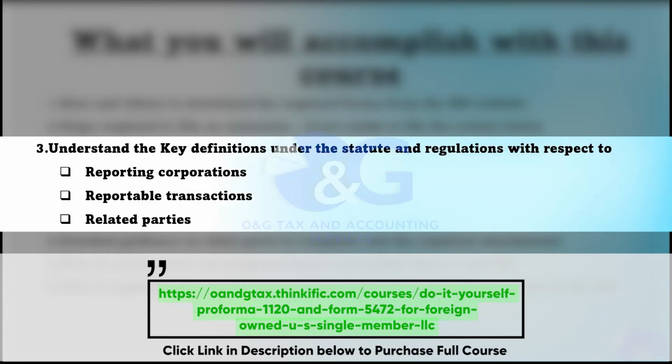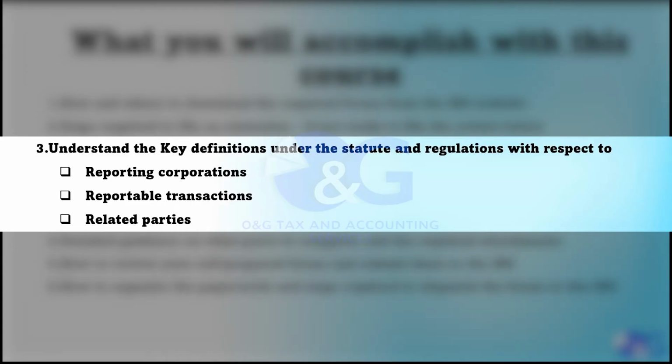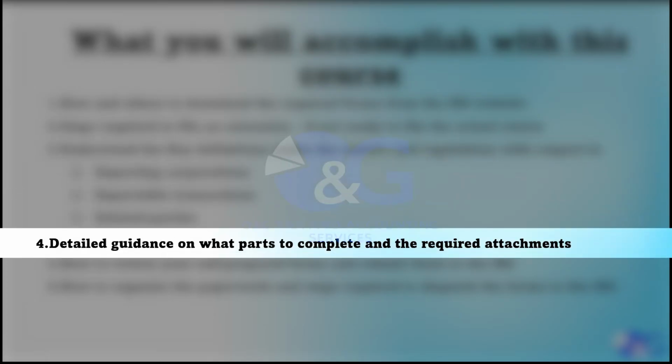The third on our list is you're going to be able to understand the key definitions under the statutes and the regulation with respect to what is a reporting corporation, what is a reportable transaction, and who related parties are. We're also going to show you, at the end of this course, you should be able to have some detailed guidance on what parts to complete and the required attachment that needs to be sent to the IRS.